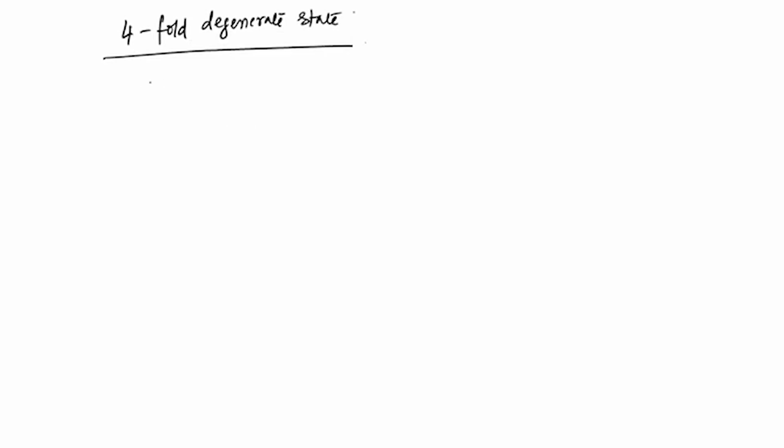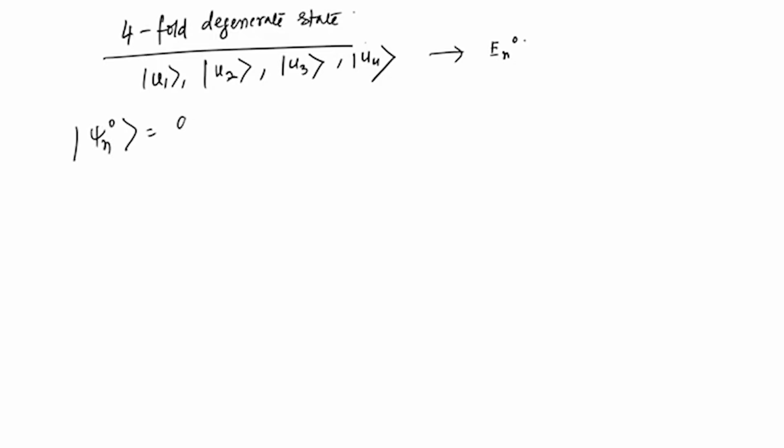So, let us say that we have now all these U1, U2, U3 and U4, all of which correspond to the same energy. Let us call that energy En0, and so your psi n0 is A1 U1 plus A2 U2 plus A3 U3 plus A4 U4.